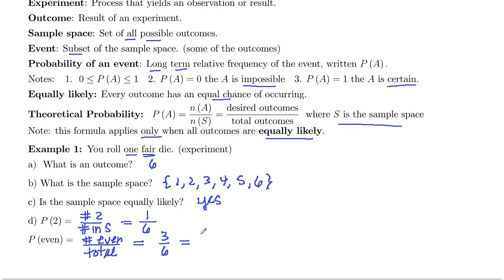So you could leave that as 3/6, or you could reduce it to 1/2. You can also write probabilities as decimals, so 0.50, or as percentages, 50%. These are all equivalent. Okay, and I do not have a preference for which way you write your probabilities, so you'll have to look at the context of the problem and the answers to see what's most appropriate.